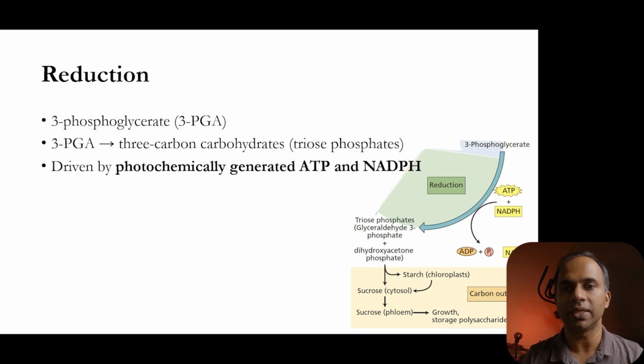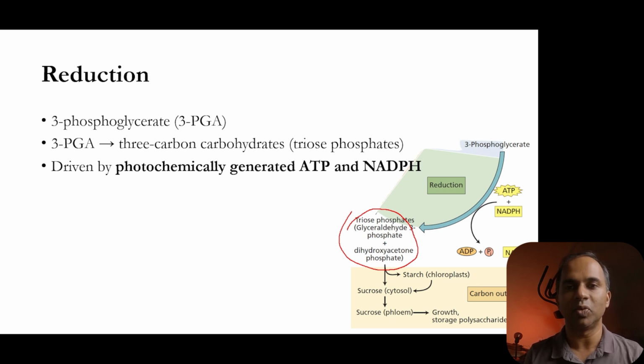Okay, so the next step is the reduction. These 3-carbon intermediate molecules, or 3-phosphoglycerate, will be converted into triose phosphates, or in simple terms, 3-carbon carbohydrates, as you can see here. This reaction is driven by photochemically generated ATP and NADPH.